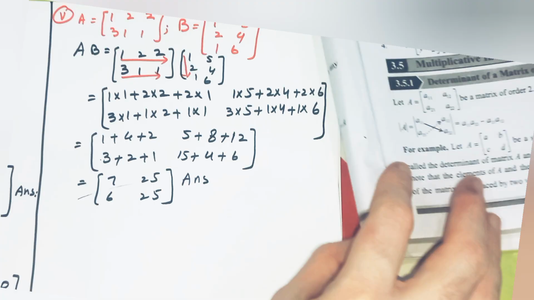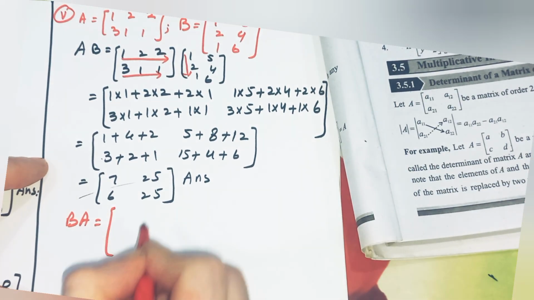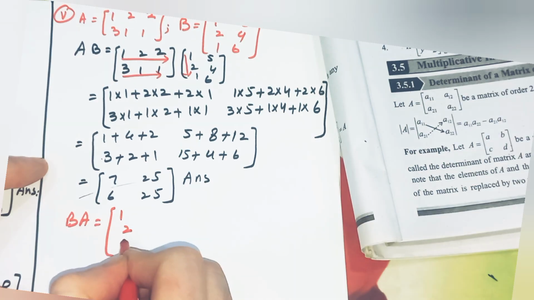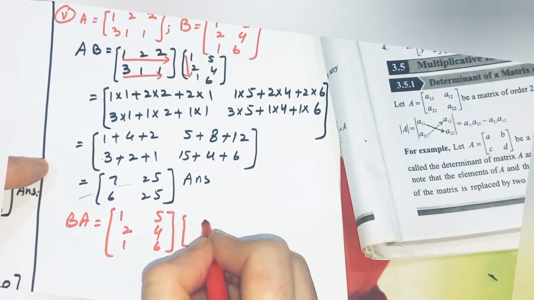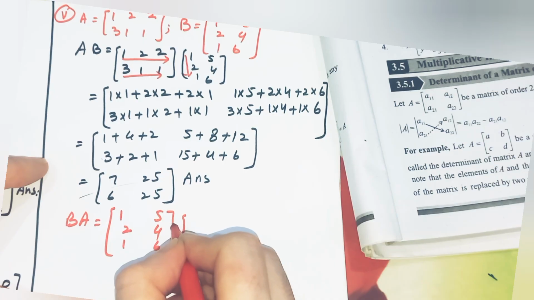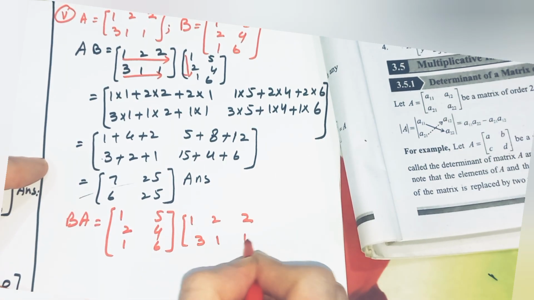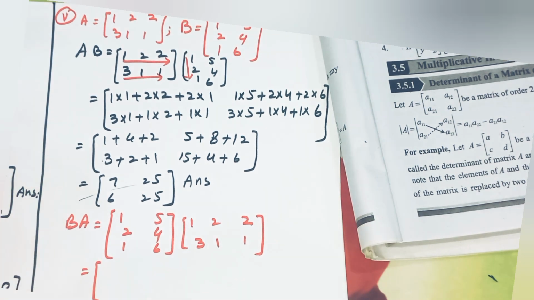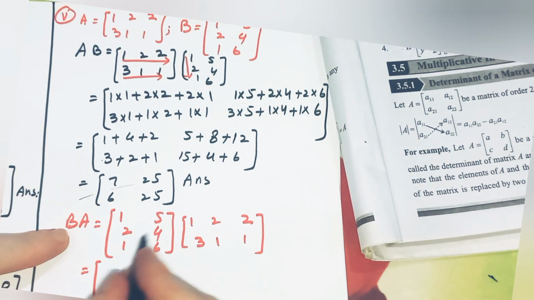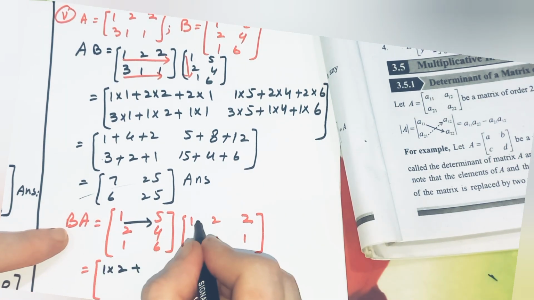All right, dear students, now we solve the second part, that is BA. Here B is 1, 2, 1, 5, 4, 6 and A is 1, 2, 2, 3, 1, 1. Now we multiply. 1 multiply by 2 rows column.